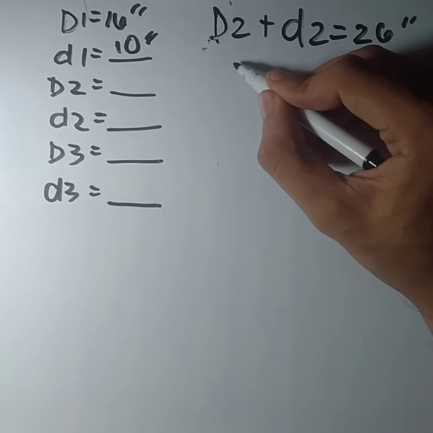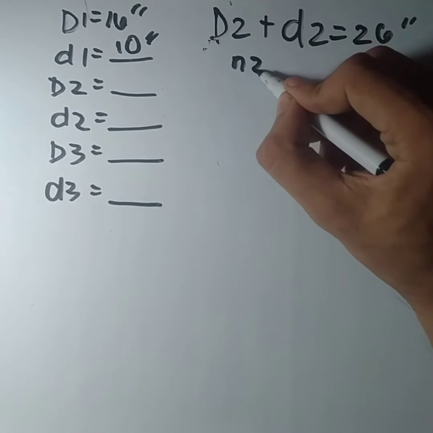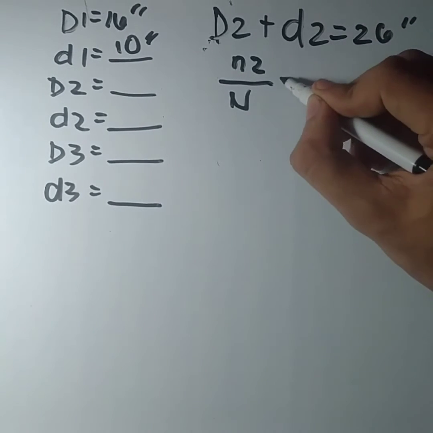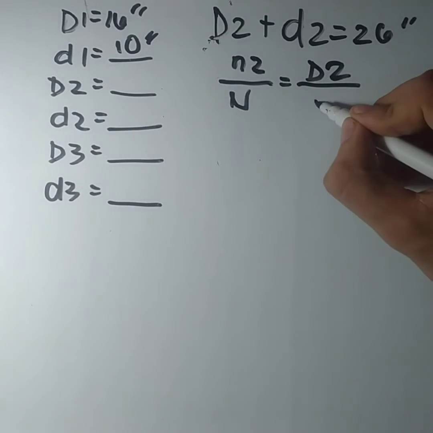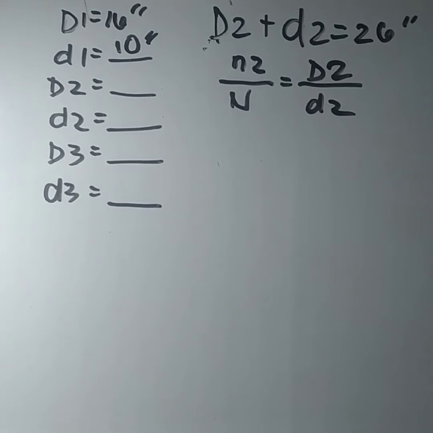So, sa ating pong formula, we have N2 over the constant RPM is equal to diameter 2 of driver shaft over diameter 2 of driven shaft.